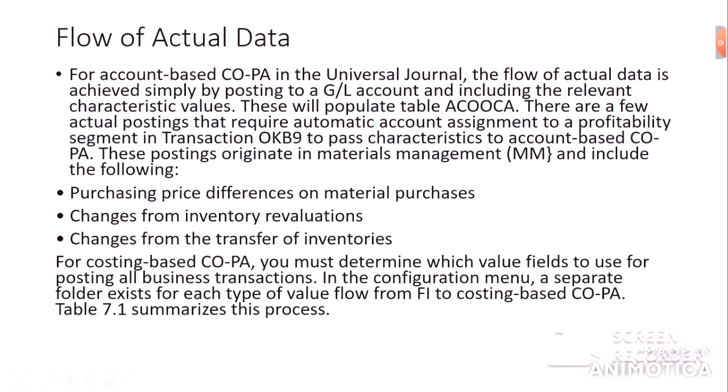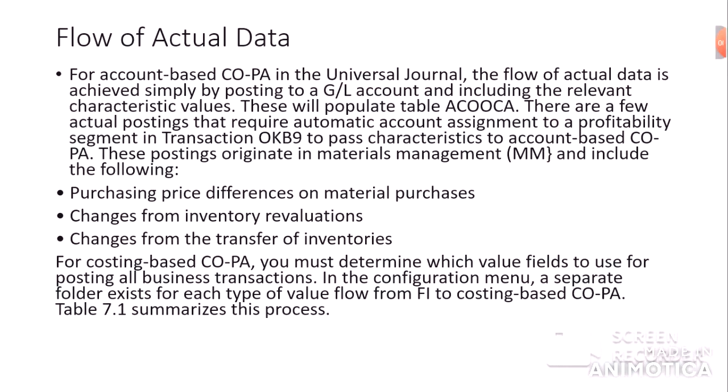Flow of actual data. For account based COPA in the Universal Journal, the flow of actual data is achieved simply by posting to a GL account and including the relevant characteristic values. These will populate table ACDOCA.